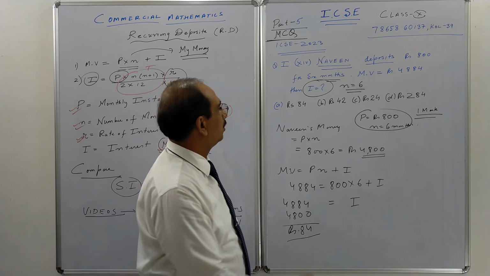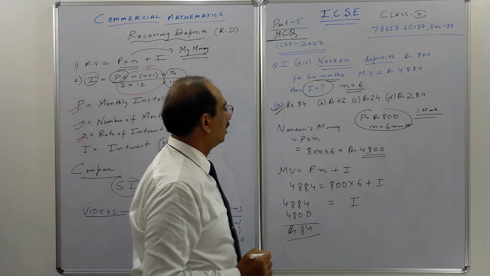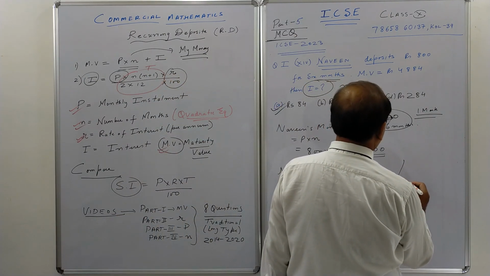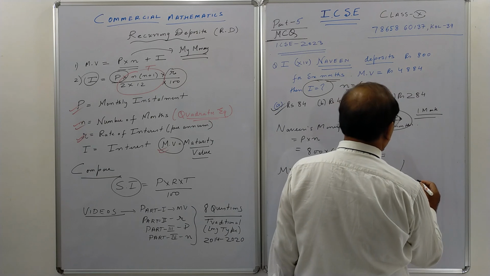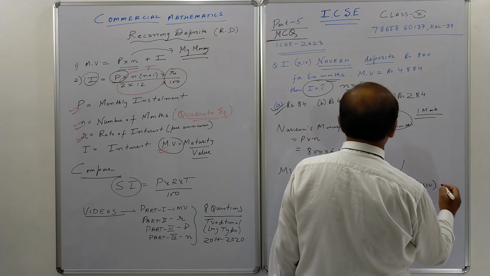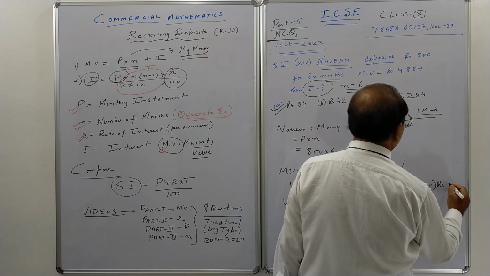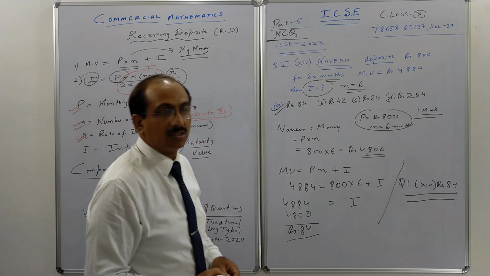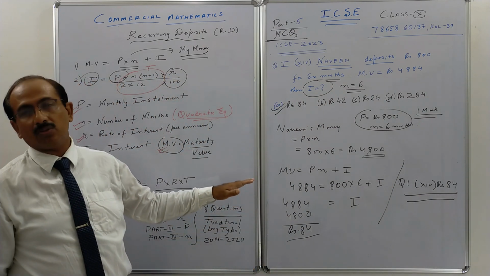Okay, so the first answer is 84. If you write the answer in the exam, it is question 1, part 14. Answer is rupees 84. So this is how you will write the answer for MCQ.